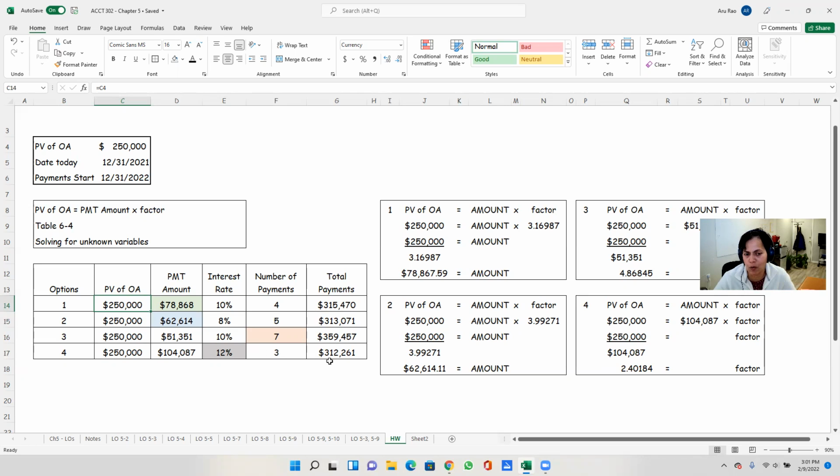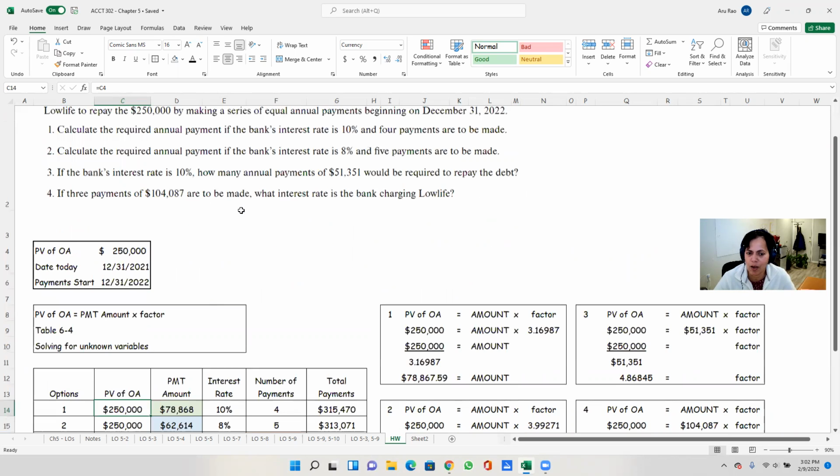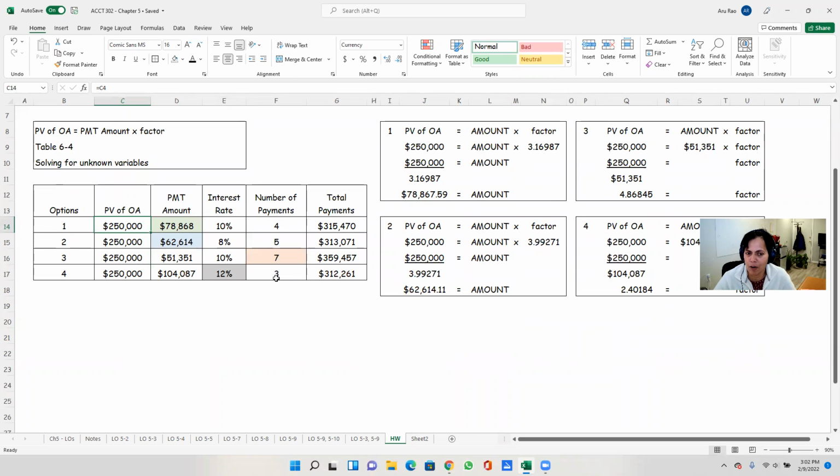So a lot of this depends on what's your comfort zone. Think of the problem the way it started out. Look at the name of the company itself, Low Life Company. That doesn't say much about me, right? Okay, we have defaulted on a $250,000 loan. So given that we have defaulted on a loan, which one are you most comfortable with? Spreading the payments over 7 years or trying to hurry up and do it in 3 years?